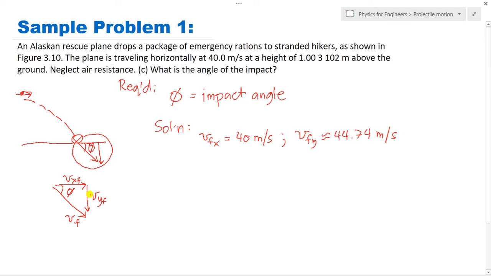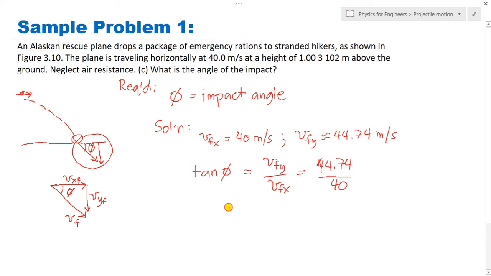So just refer to the triangle here, we can solve the impact angle using tangent of theta. So tangent of theta, since this is a right triangle, is equal to VFY over VFX. So plug in the values. We have 44.74 all over 40.